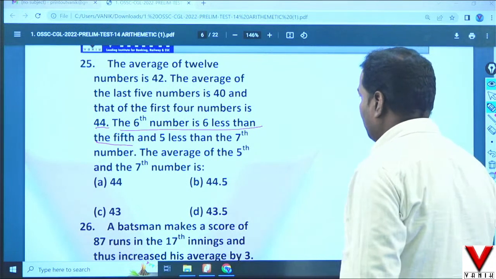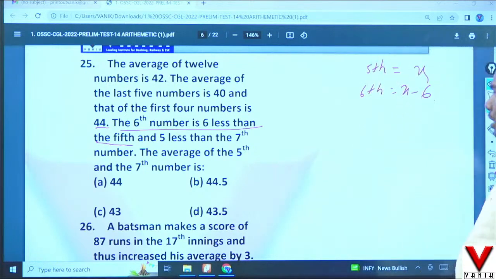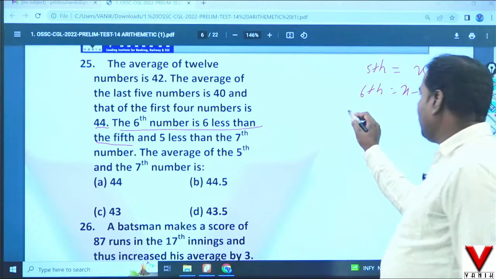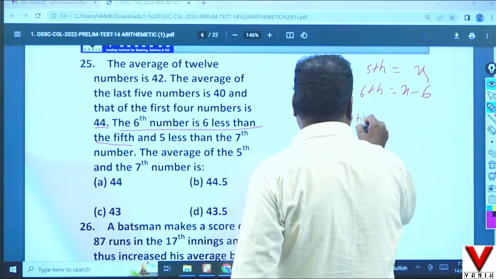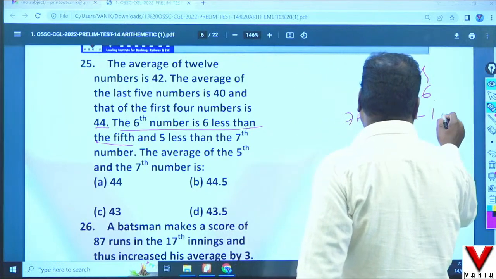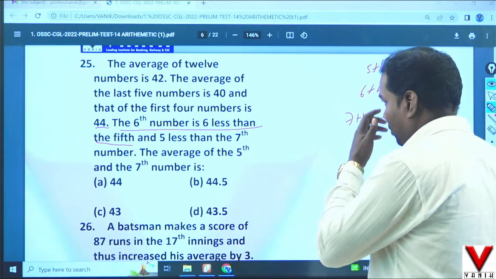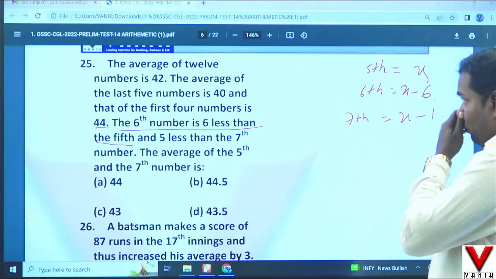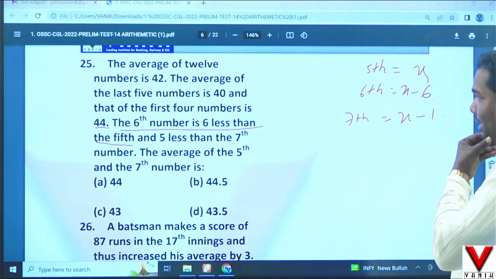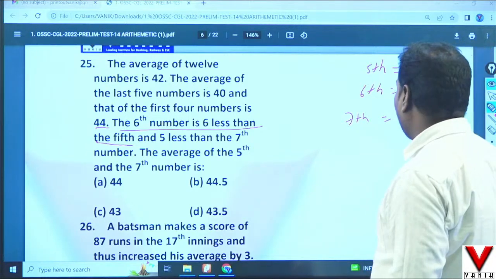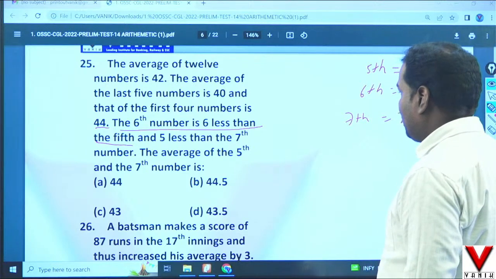The sixth number is 6 less than the fifth number and 5 less than the seventh number. So that seventh number is equal to x minus 1.